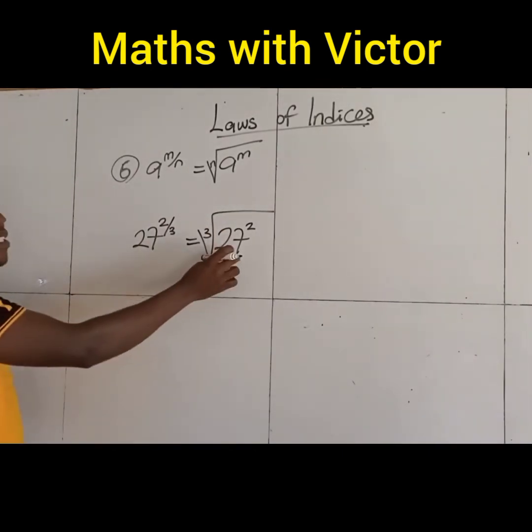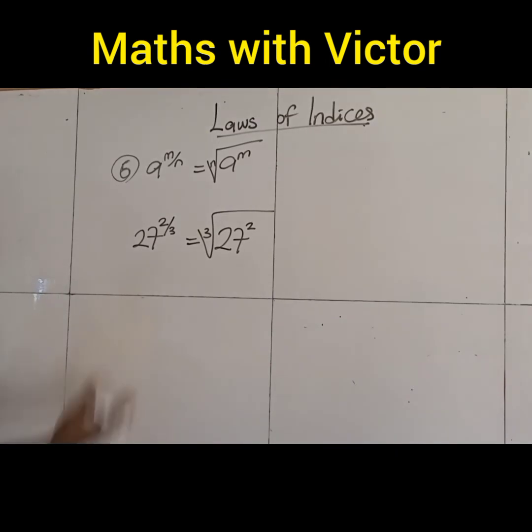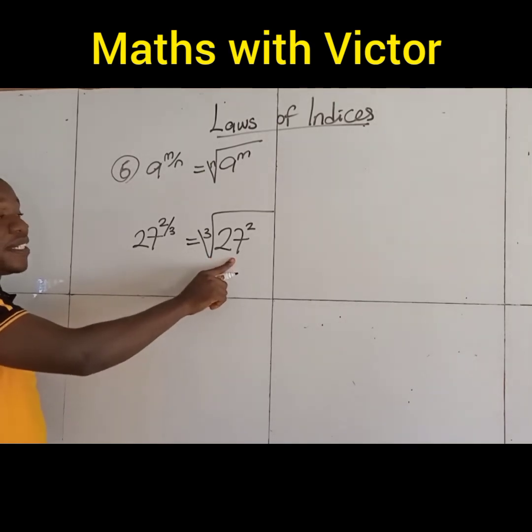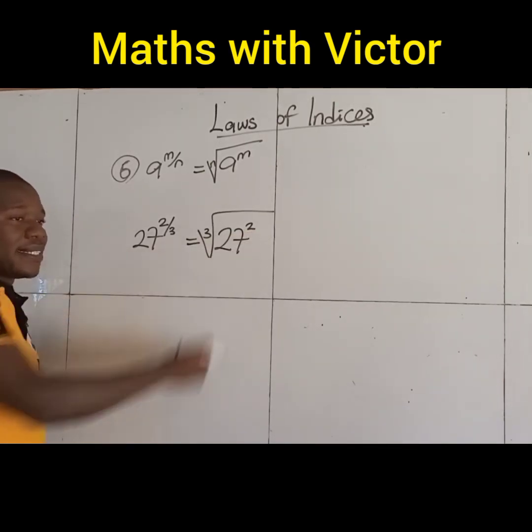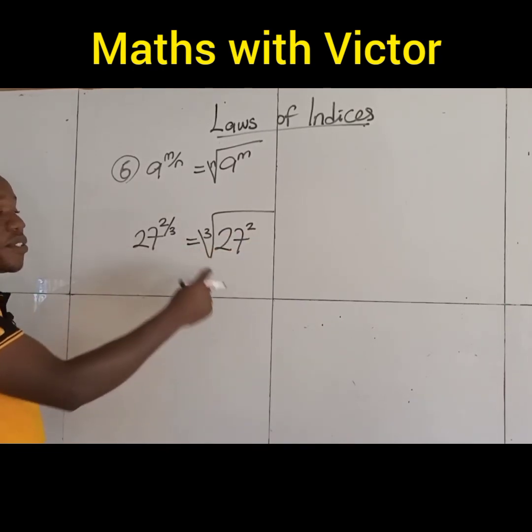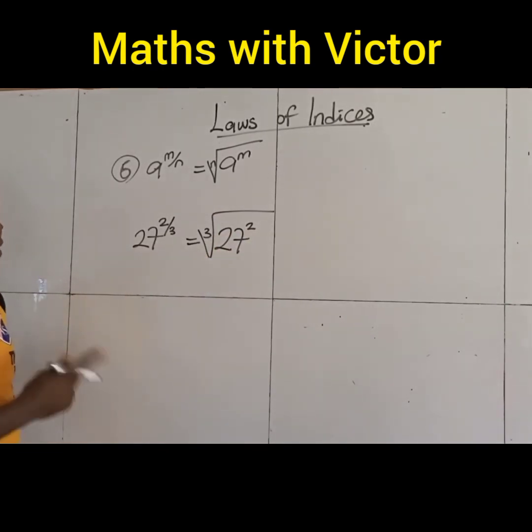The cube root of 27 raised to the power 2. This is now simple mathematics. There are 2 ways you can do this. Either you first look for the cube root of 27, and then square the result, or you find the square of 27, and then find the cube root of the result. But the easier one is to start with the cube root of 27.